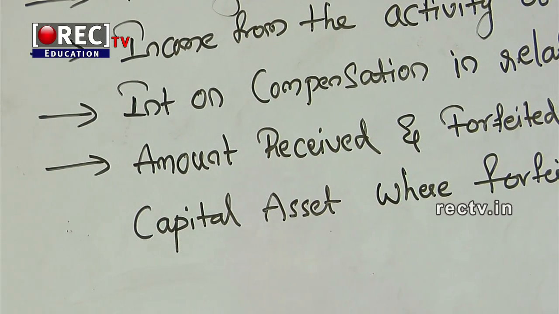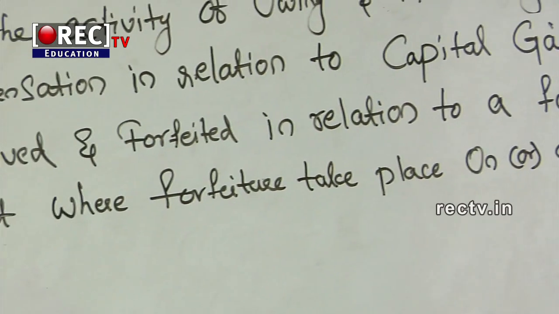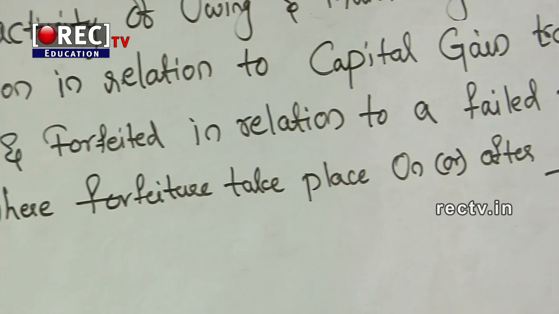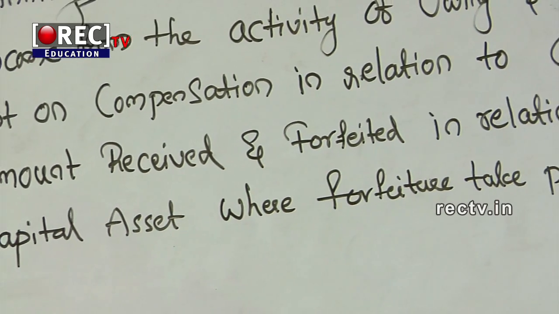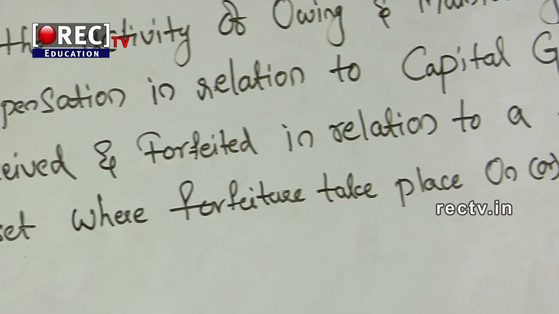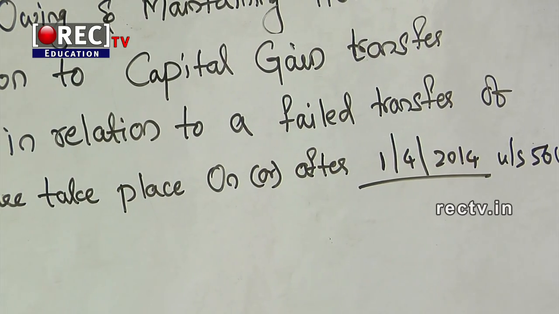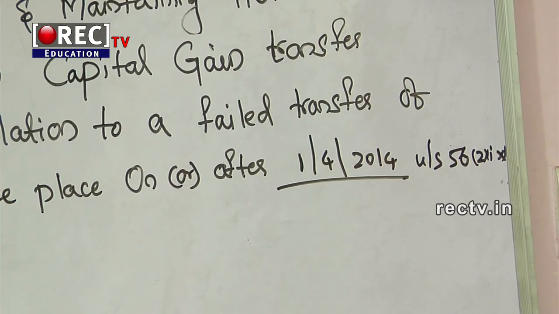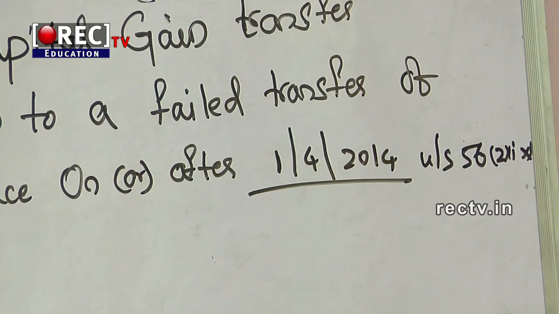And the fifth is amount received and forfeited in relation to a failed transfer of a capital asset, where the forfeiture takes place on or after 1/4/2014, under section 56 subsection 2 sub-clause 9.